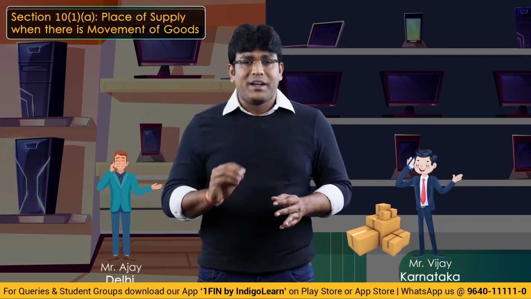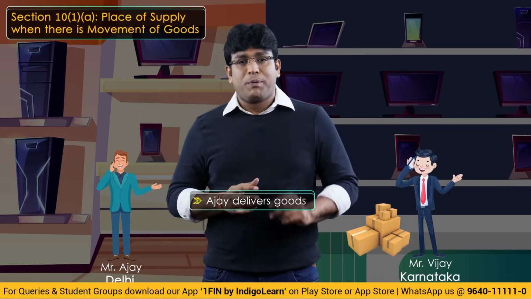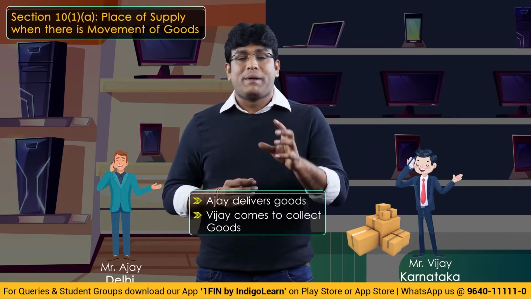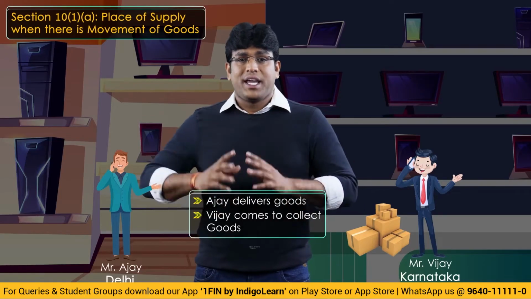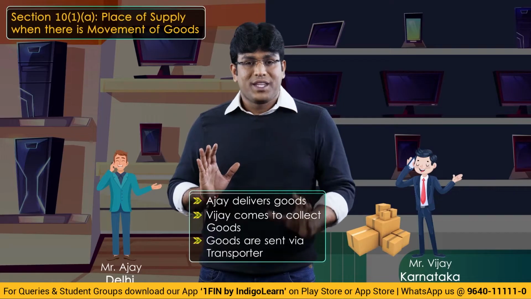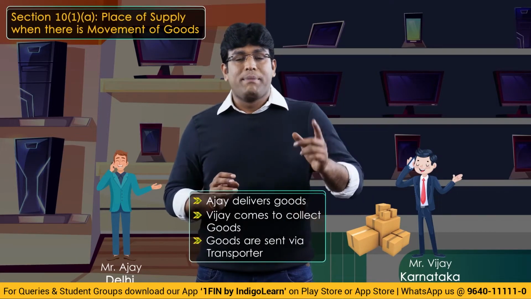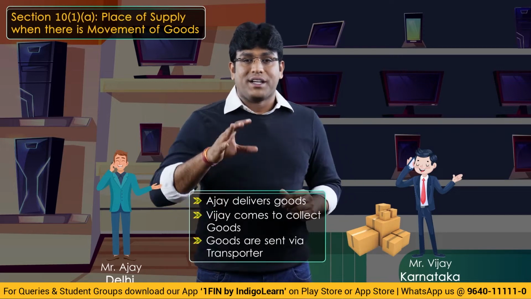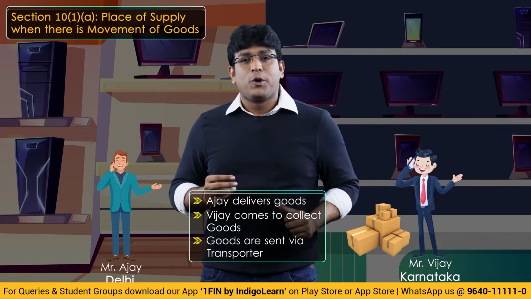Number 1, Ajay himself is sending that goods to Vijay. Second possibility, Vijay is coming to the place of Ajay and then taking that goods. Third possibility, Ajay is sending that goods to Vijay through a transporter. Correct, my dear friends? So there is a possibility that movement of goods can be done by the supplier or by the recipient or by a third person. Third person is nothing but a transporter.